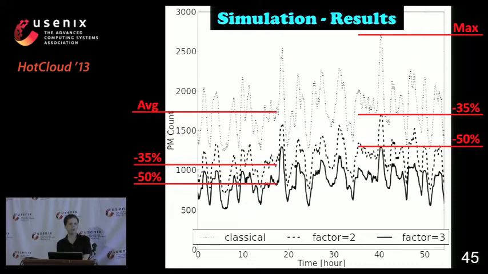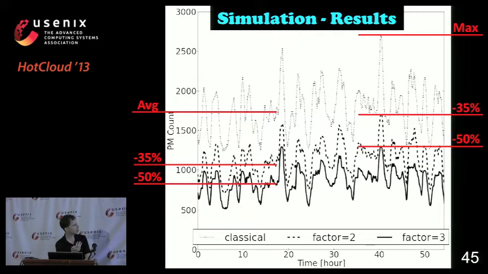And you see a drop off of 35%, both the average and the max, when you use just 2 preallocation, and a drop off of 50% in the average and in the maximum number of machines used if you have 3 preallocation.